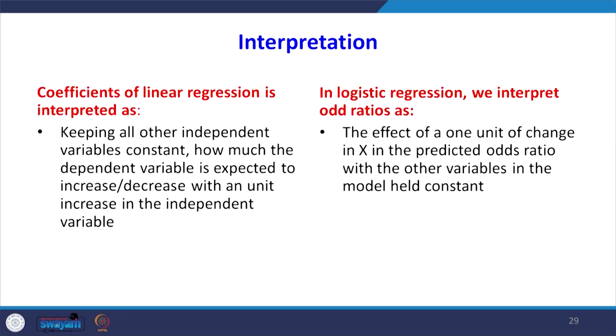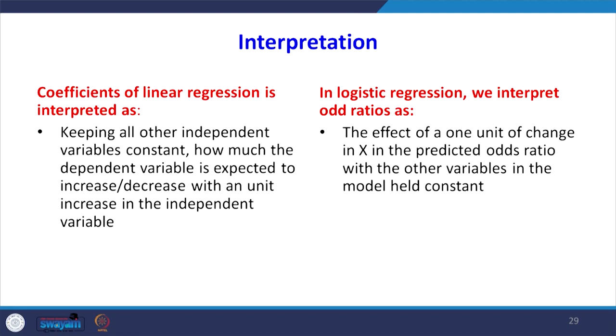Another difference between logistic and linear regression is the way we interpret the coefficients. This is a very important difference. In linear regression, keeping all other independent variables constant, we say how much the dependent variable is expected to increase or decrease with a unit increase in the independent variable.